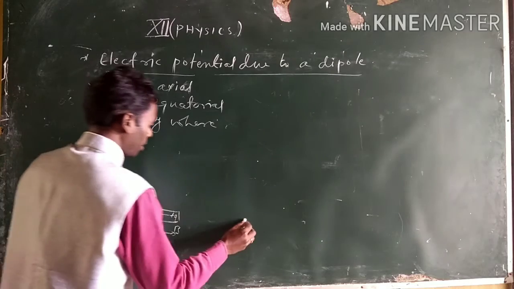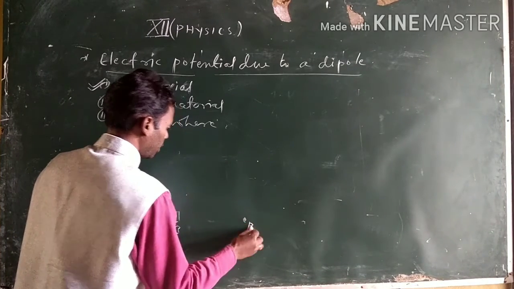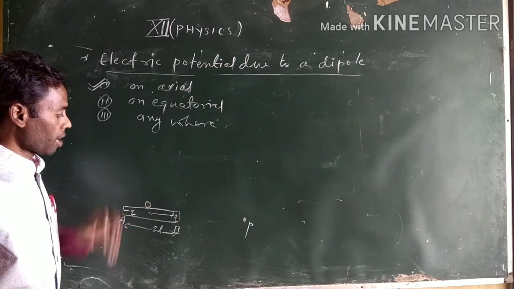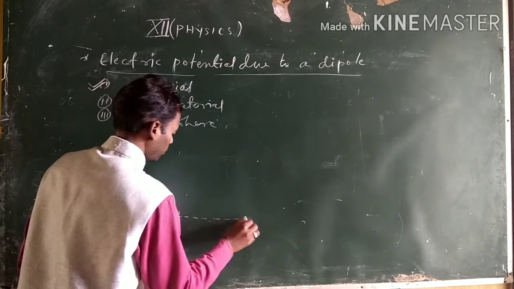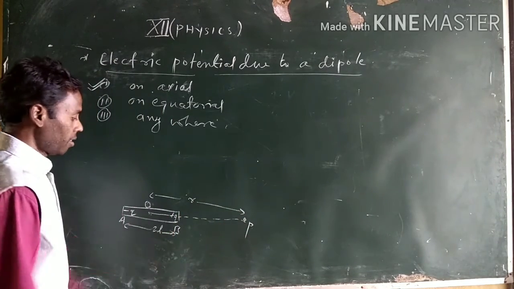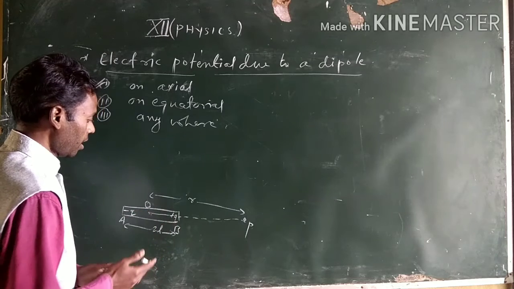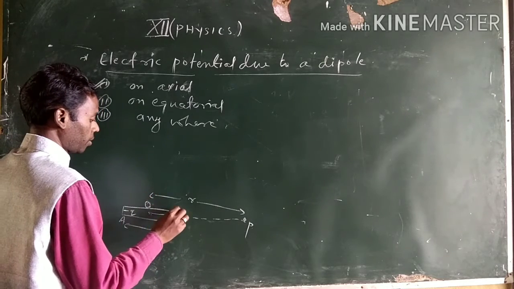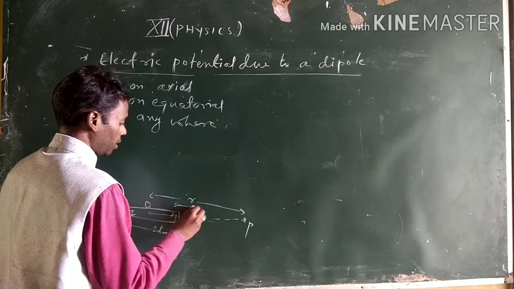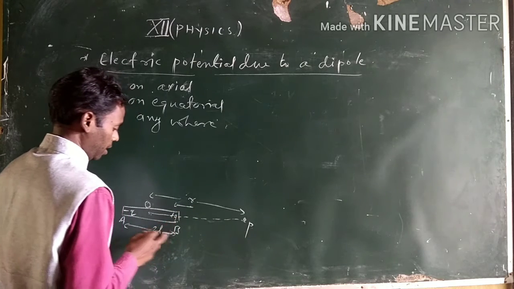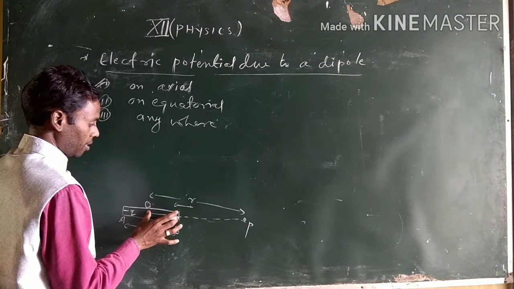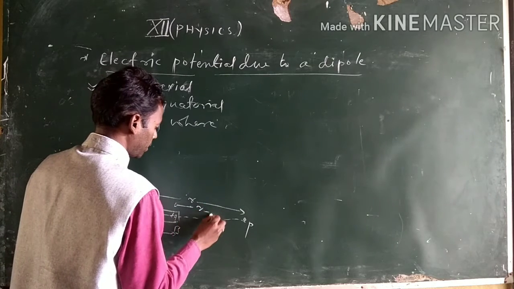We are going to find the potential at point P, which lies on the axis of this dipole. Suppose the distance O to P is R, and our OB distance is L. Then the distance from point B to P will be R minus L.